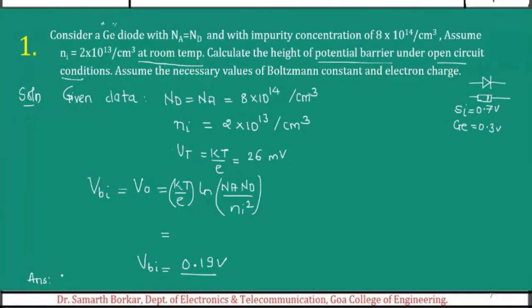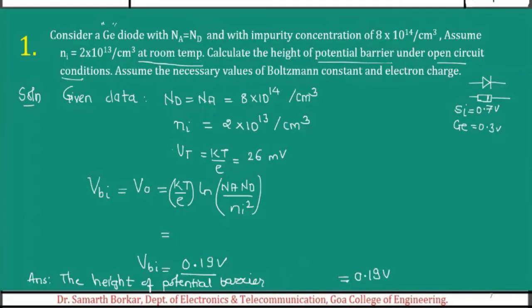Answer: the height of the potential barrier under open circuit conditions is equal to 0.19 volts.